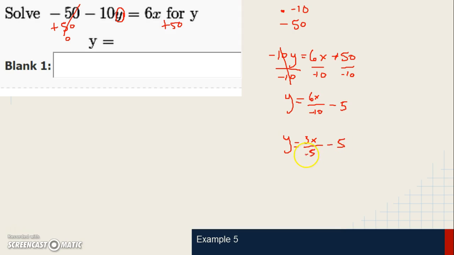And I'm going to commute my negative to the numerator again so I don't get double signs. I have negative 3x divided by 5 minus 5. I don't have to do parentheses here because order of operations tells me to divide before I subtract. So when I type that in, I have y equals minus 3x, lowercase x, divided by 5, minus 5.